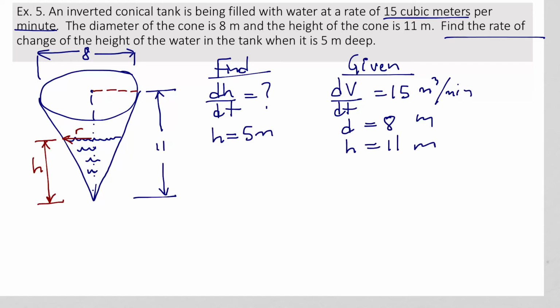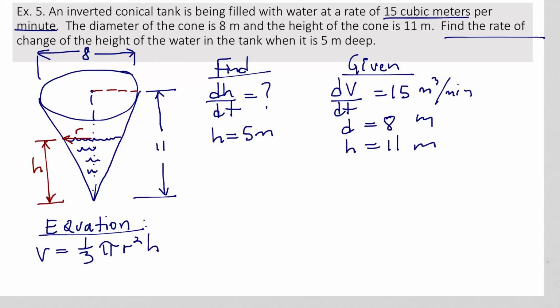All right. So let's set up our equation for volume. Our equation for the volume of a cone is equal to 1/3 pi r squared h.